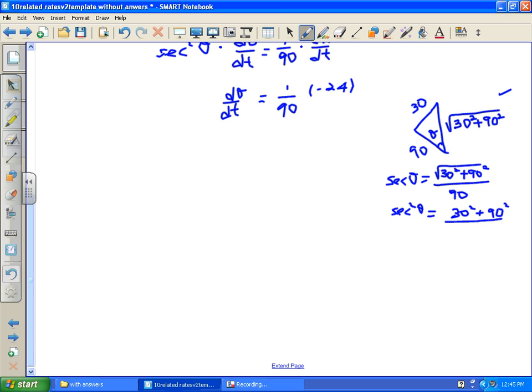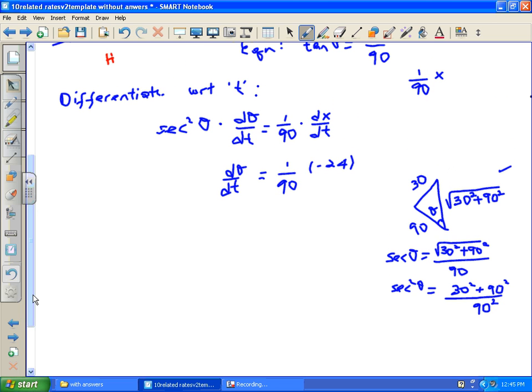On the bottom, when you square it, you get 90 squared. Of course, you could have gotten a decimal answer for secant theta, and then you could have squared that quantity. But for this question, I'll just leave it like that and simplify it at the end. So secant square theta is 30 square plus 90 square divided by 90 square.